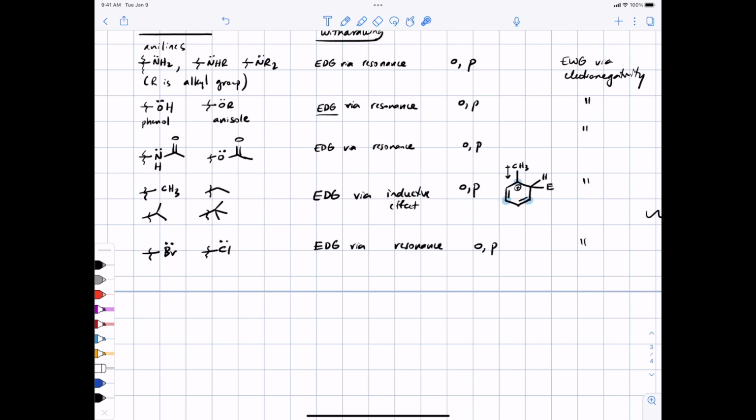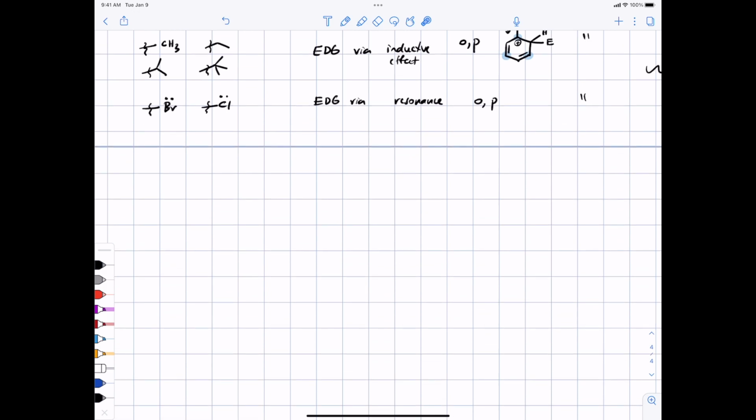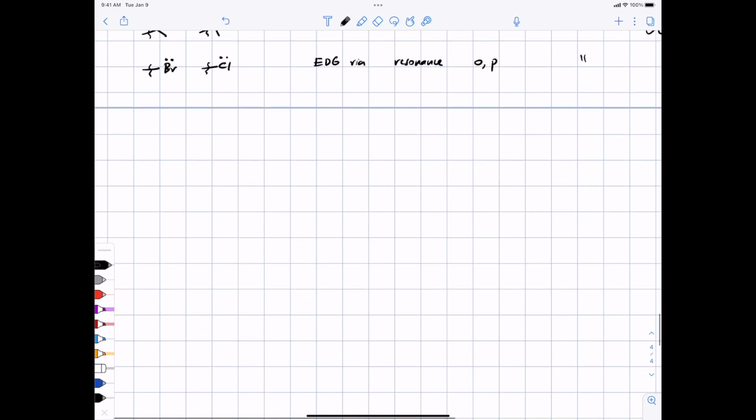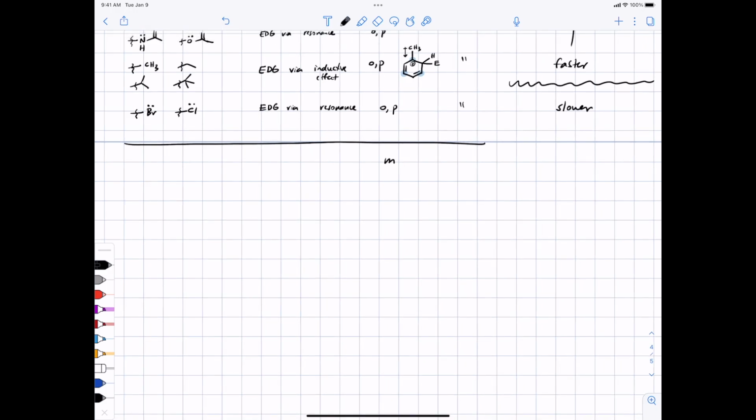We need to talk about the withdrawing groups quick, and then I want to do some examples. The withdrawing groups we don't necessarily need to rank in terms of their ability to deactivate the benzene ring relative to benzene. I'm going to write them here in order of their withdrawing ability. They are all electron withdrawing groups via resonance.